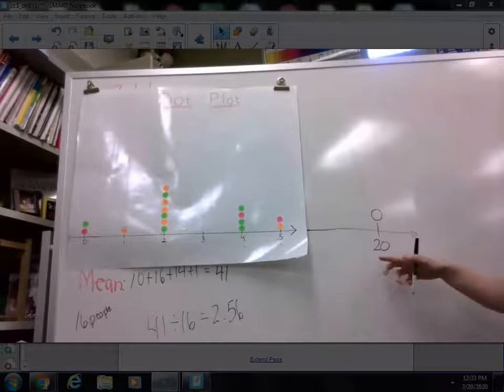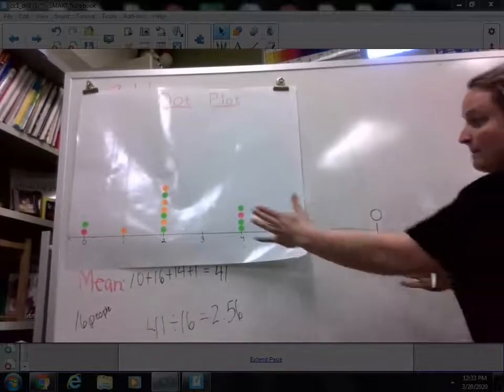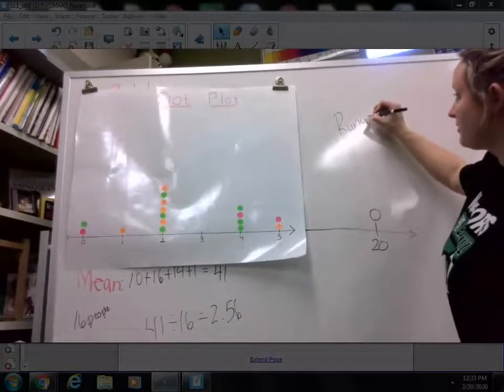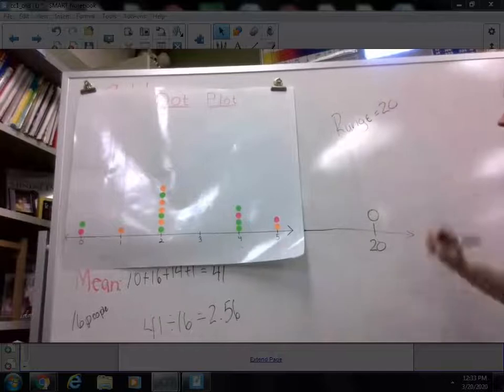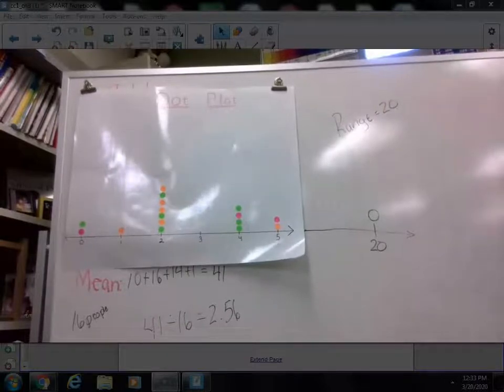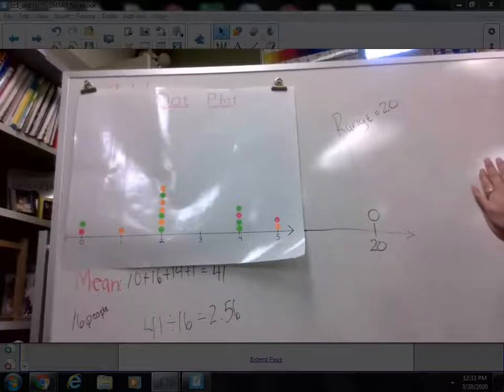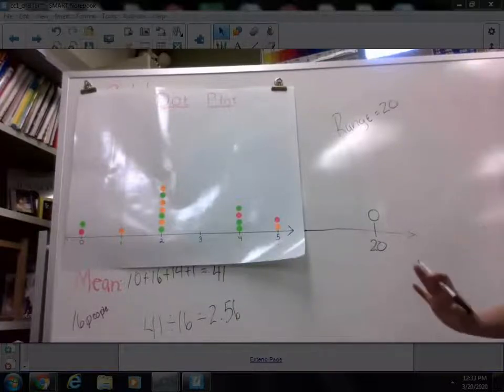But in this case, now that we added an outlier of 20, we have to do 20 minus 0 to get the range of now not 5, but 20. So because our outlier is so far away from our other data that's close together, it's going to increase our range by a lot more.